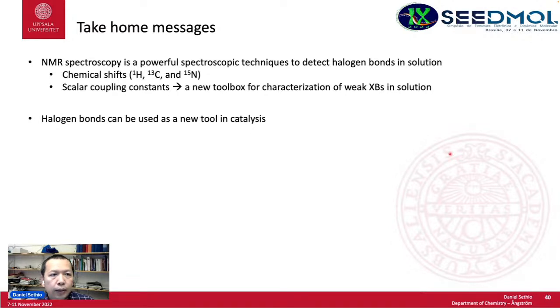We can use NMR chemical shifts, proton, carbon, and nitrogen NMR chemical shifts. And in this case, we also propose to use the scalar coupling constant as a new toolbox for characterizing weak halogen bonds in solution. And second, the halogen bond donor can be used as a new tool in catalysis, for example, in gold catalysis.